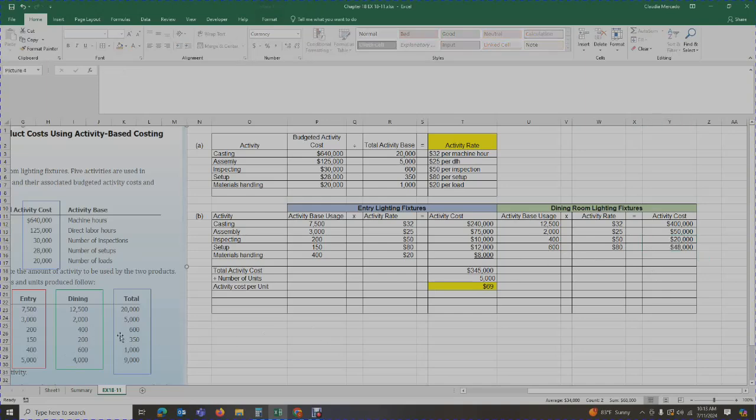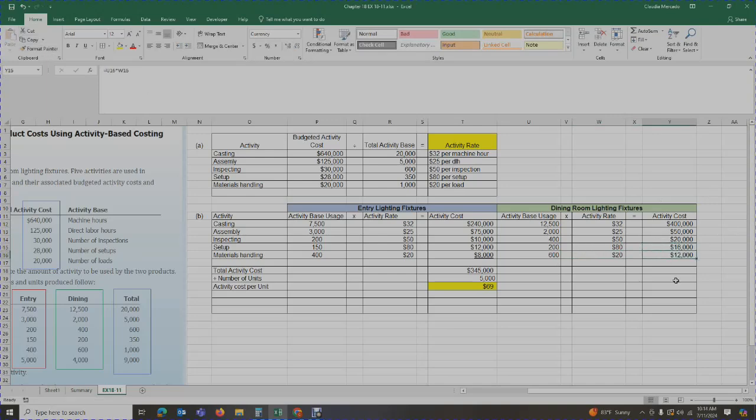It's 200 setups. So we have 200 setups. So it's 12,500, 2,400, and 200. Yes. And then we have 600 materials handling. And then my rate is $20 per load. And that's going to give me 12,000.